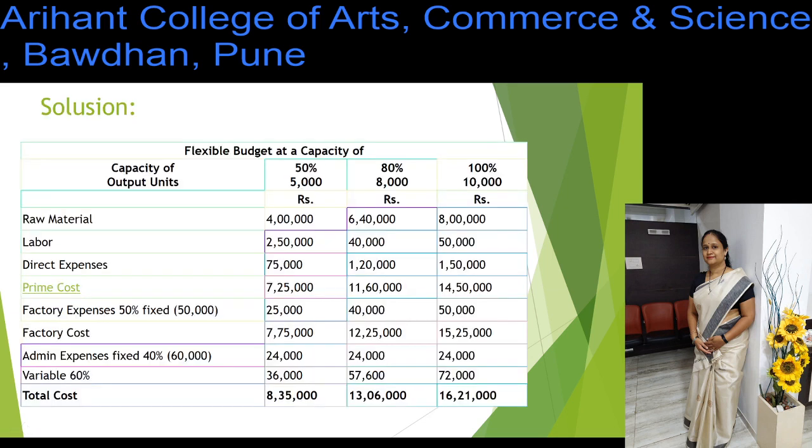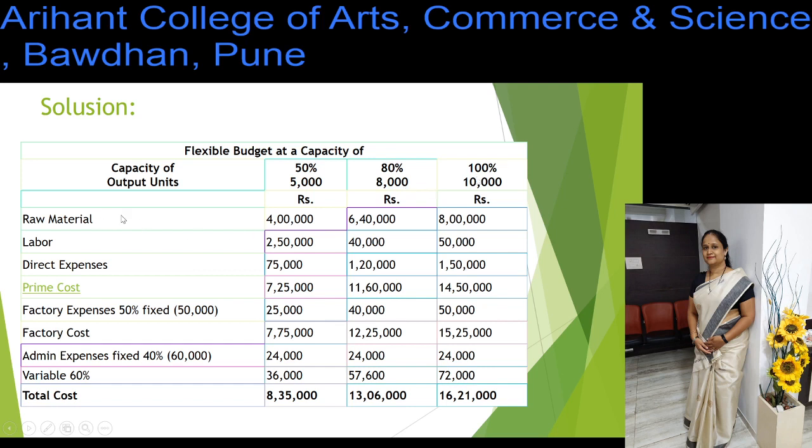So to solve the flexible budget, first of all you need to make the format of flexible budget in the books of, and for the period. Then particulars, capacity, output units. We have been given the 50% column, we need to calculate it for 80% and 100%.